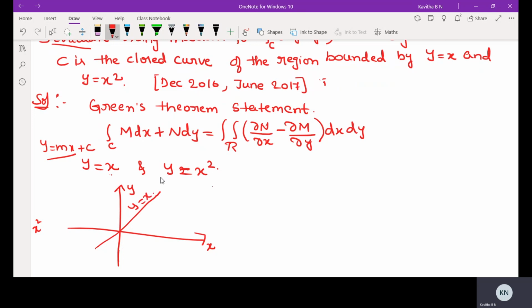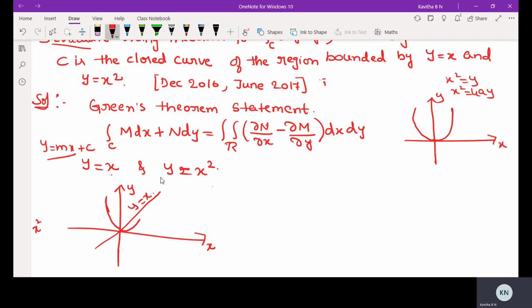Then y is equal to x square means x square is equal to 4ay. The curve will come this way.